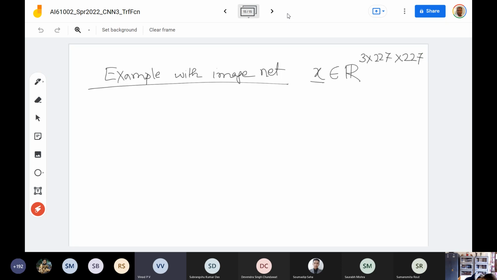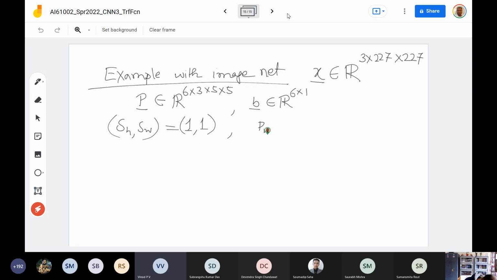Okay, and you had your P, which belongs to R power of 6 cross 3 cross 5 cross 5. You had your B, which belongs to R power of 6 cross 1. And now you are operating with the SH, SW of, instead of 2 cross 2, now I'm operating with a 1 cross 1. But I have the same PH, PW of 2, 2 given over here.